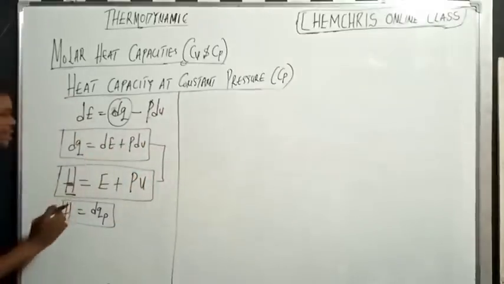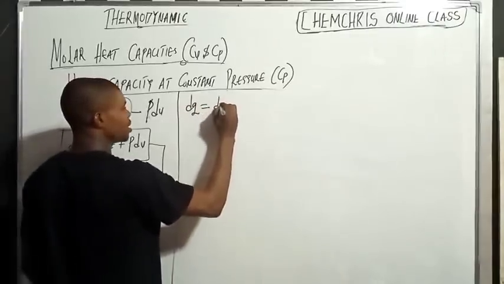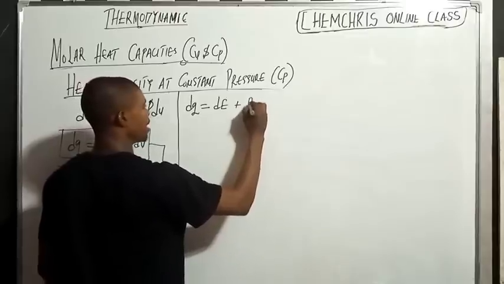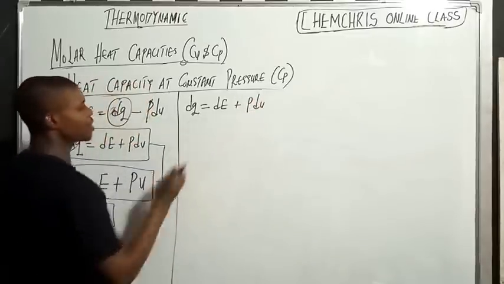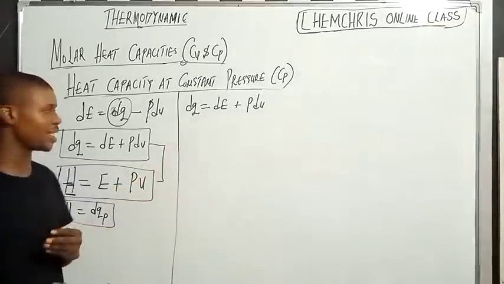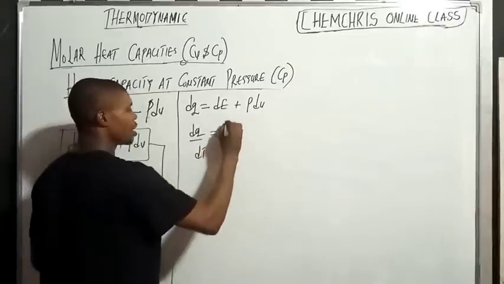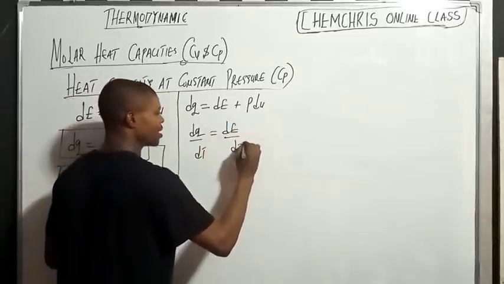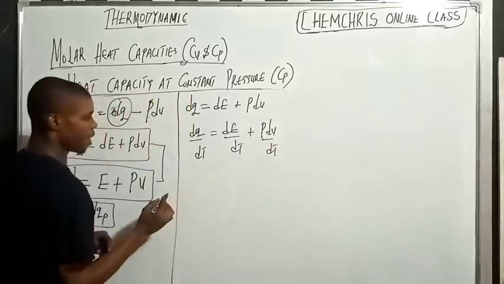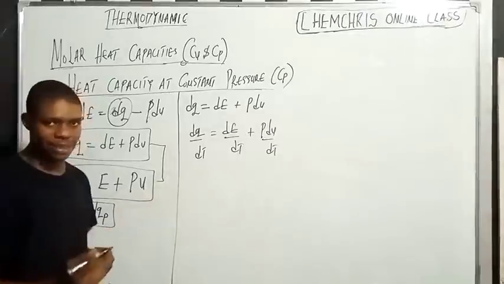So now let me look at this one first. Remember, here we have change Q equals change E plus P change V, right? Divide both sides by change T. When you divide both sides by change T, you have change Q over change T equals change E over change T plus P change V over change T. Remember, change Q over change T is the heat capacity, right?